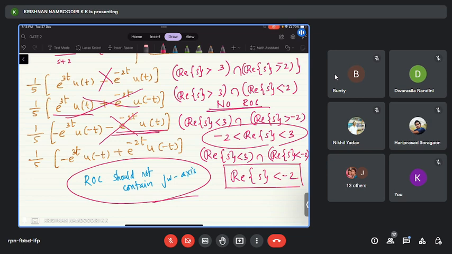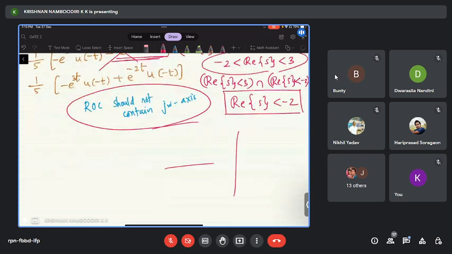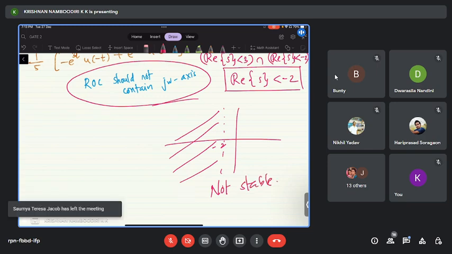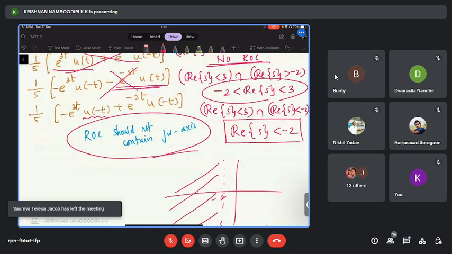This is minus 2 and this is the ROC. It does not include j omega axis, and this is not stable. And you can see this is not causal because u of minus t is there. That means the signal takes non-zero value when t is less than 0. So this is neither causal nor stable.